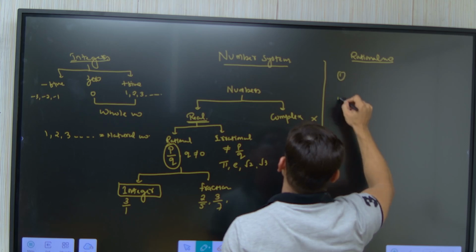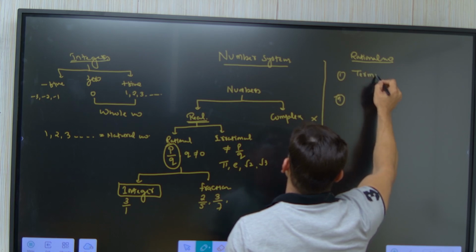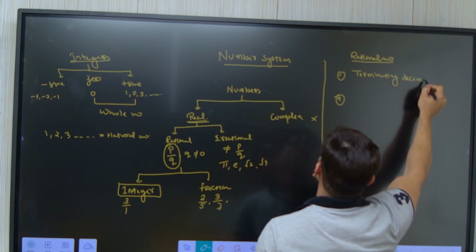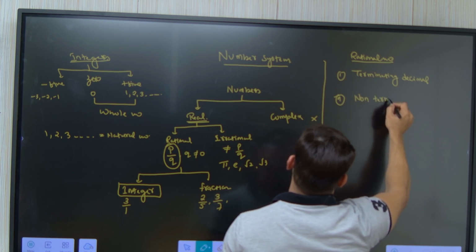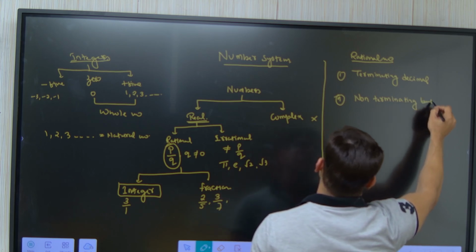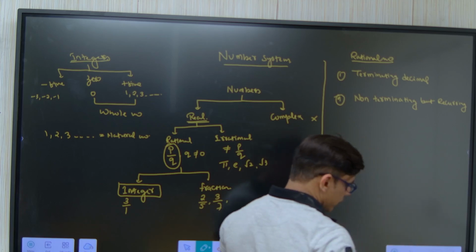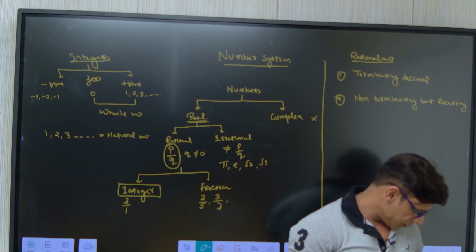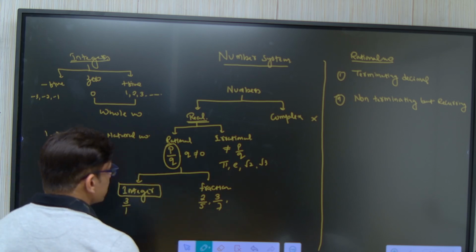First is terminating decimal, and second is non-terminating but recurring decimal.